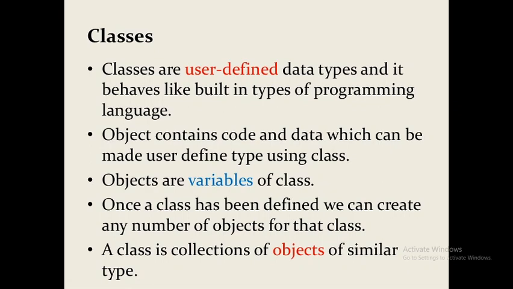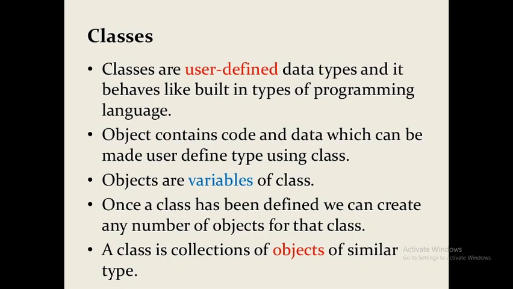Like that, in object-oriented programming, a class is also a user-defined data type. The class name is at the discretion of the programmer, following the rules for variable names. Classes behave like built-in types of the programming language, whereas the class name is defined by the user.